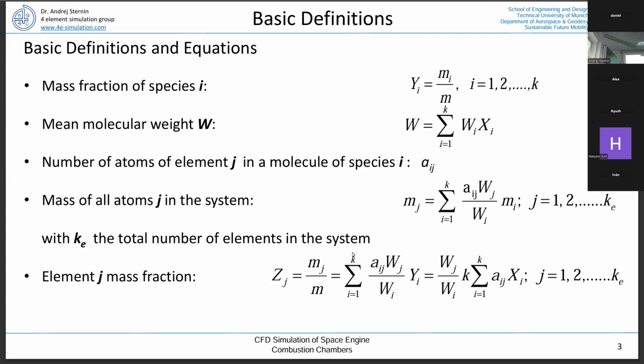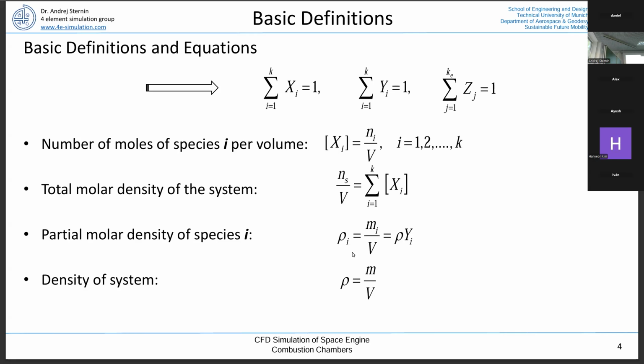These are Z, Y, X, the key things which characterize the concentration of atoms, of species, or moles, or mass in the system. And by definition, if we sum them all up, we have one.